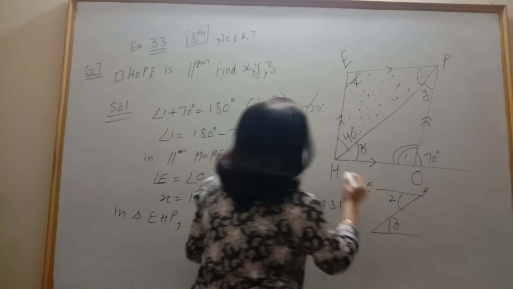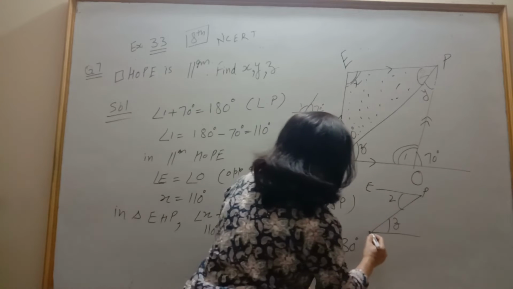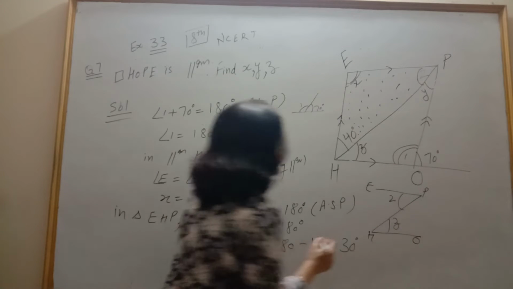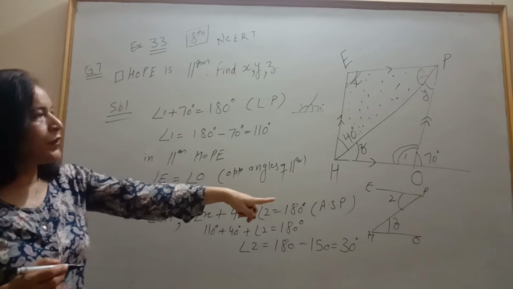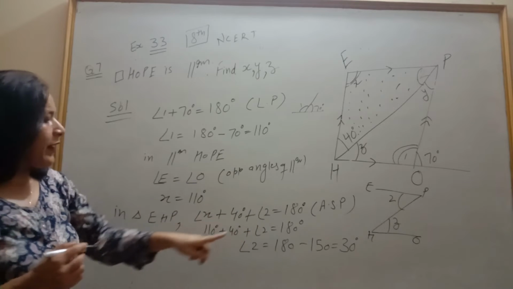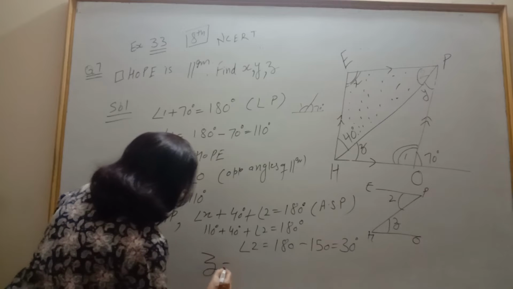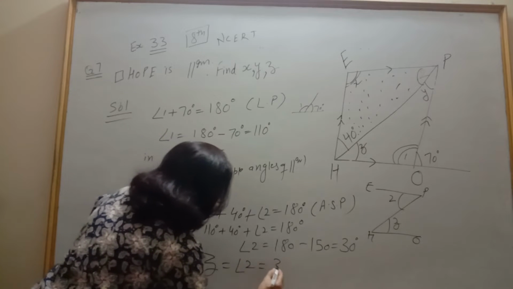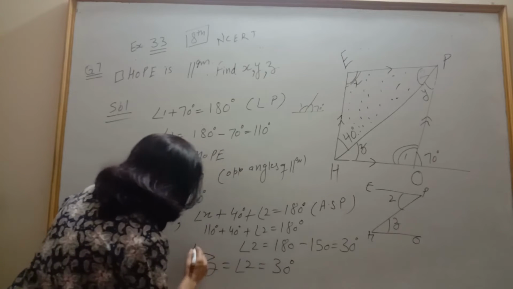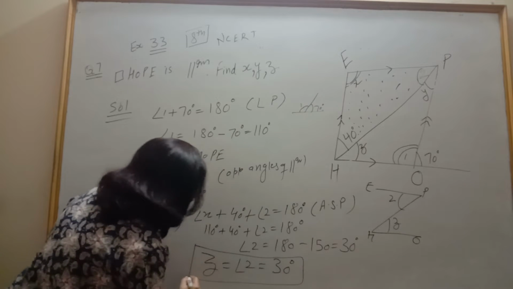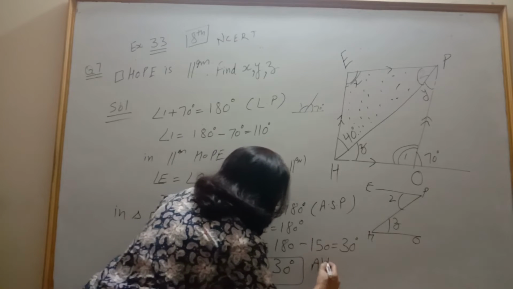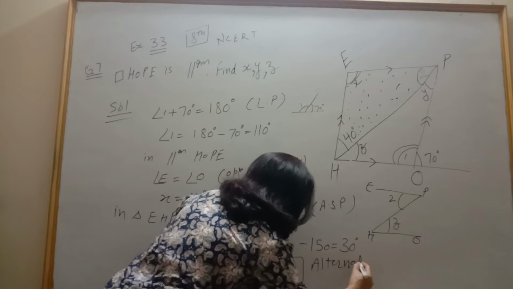EP is parallel to HO. So in this way angle 2 is equal to angle Z, alternate angles. So angle Z will be equal to angle 2, which is 30 degrees. Why? The reason you will write is alternate angles.